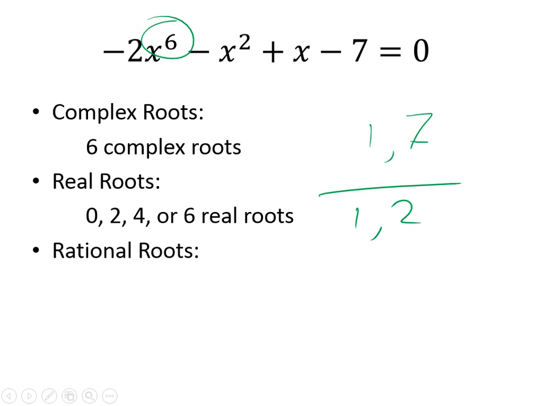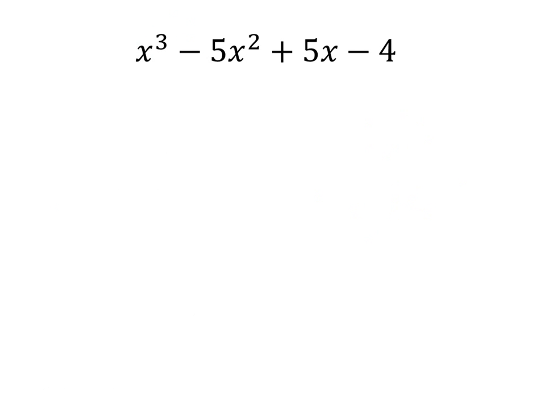So it looks like we would have plus or minus 1, plus or minus 1/2, plus or minus 7, plus or minus 7/2. Those are your possible roots. And then from there, you would check every single one to see which one comes up with your 0. Since we might have 0 rational or real roots, we might not have any.